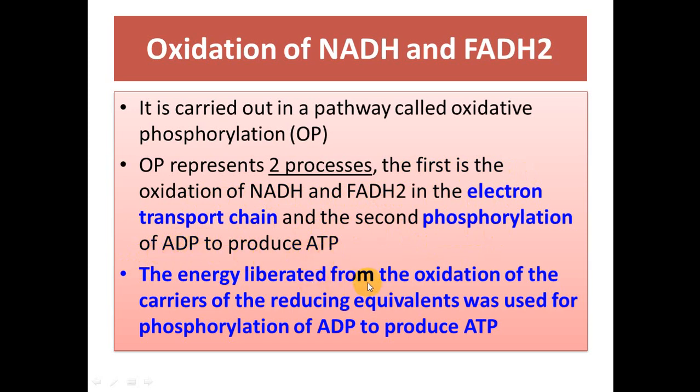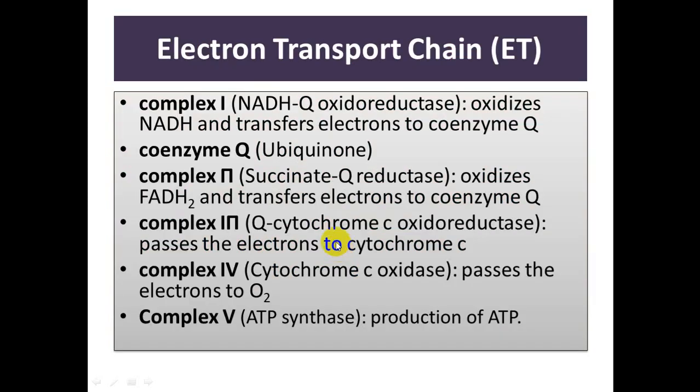The energy liberated from the oxidation of the carriers of the reducing equivalent is used for phosphorylation of ADP to produce ATP. إذن العملية الأكسدة اللي هي oxidative phosphorylation هي عمليتين، الواحدة من عندهم راح تروح للإلكترون ترانسبورت ويصير فوسفوريليشن، عملية إضافة مجموعة فوسفات للأدينوسين داي فوسفات راح نحوله للـ ATP وبالتالي راح يكون عندنا الطاقة.